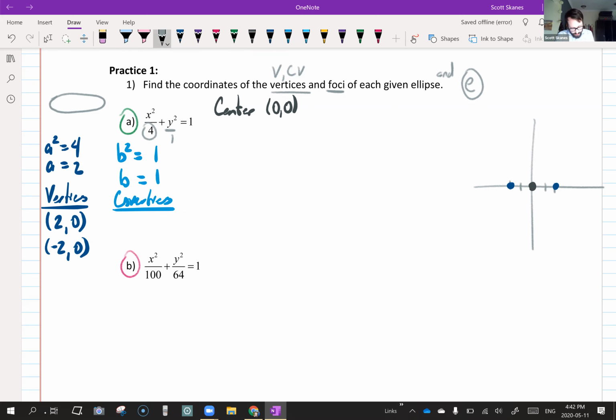So we go up and down by 1. That means our covertices are right here. And so it's starting to take shape. I knew it was going to look like this. Now I can draw it. There's this little baby ellipse. Okay. It's just a small little baby ellipse. And now from that sketch, I'll get that it's 0 and 1 and 0 and -1, which is excellent.